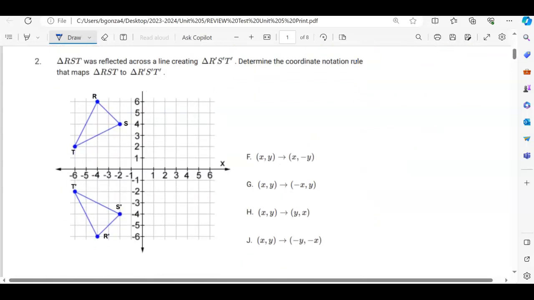Number 2, RST was reflected across the line, making R prime, S prime, T prime. Determine the coordinate notation rule, okay? Now this, you can see the points are going across the x-axis. So this is a reflection across the x-axis.